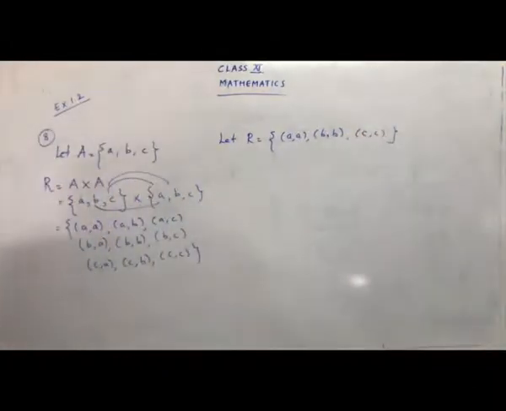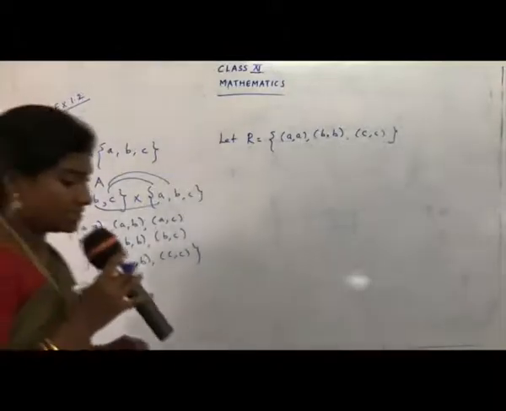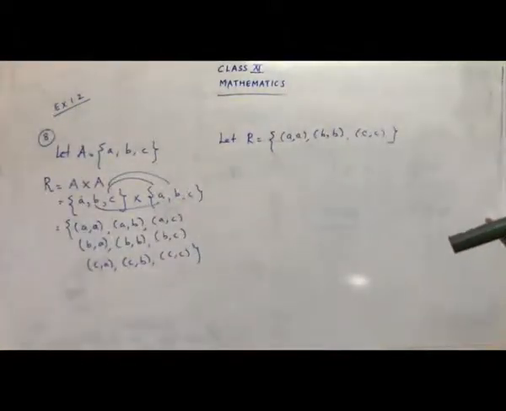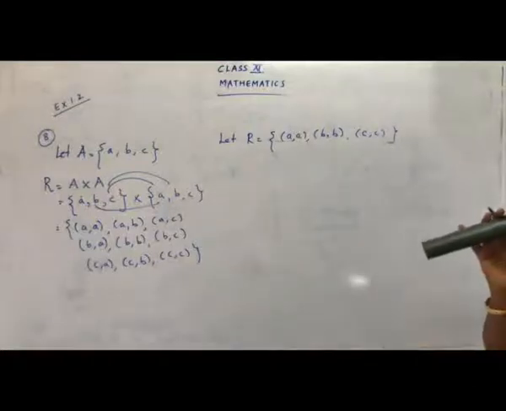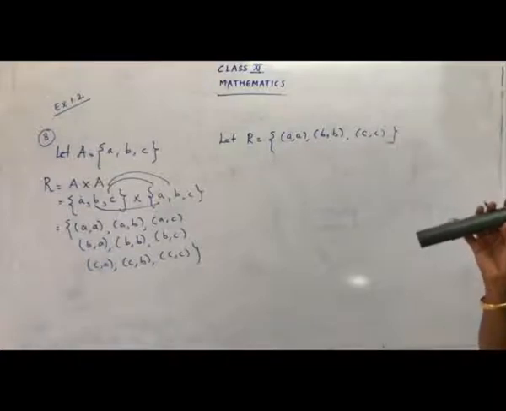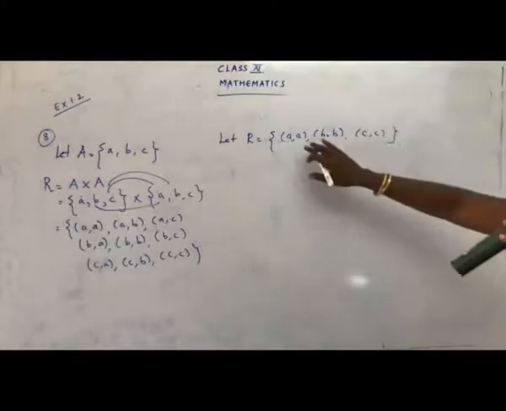So what are the pairs chosen? (A, A), (B, B) and (C, C). This is just for the understanding part. Just the answer is (A, A), (B, B), (C, C). I am going to explain how we are choosing these pairs as the smallest cardinality.